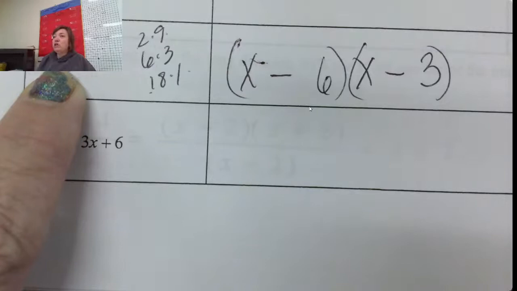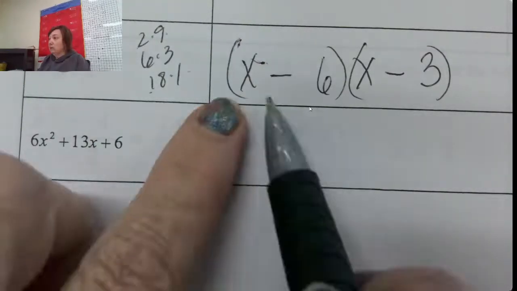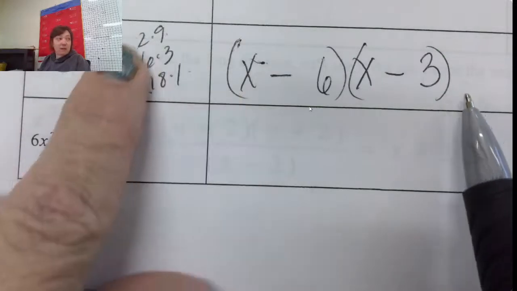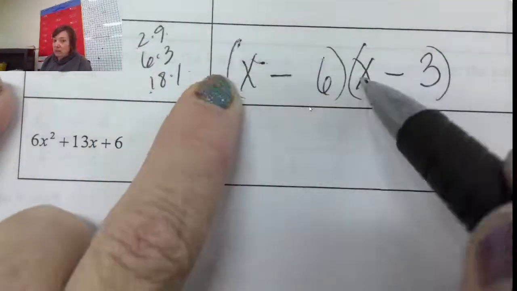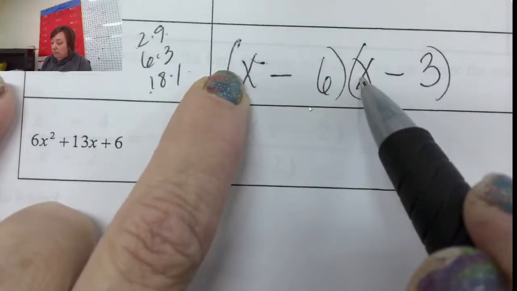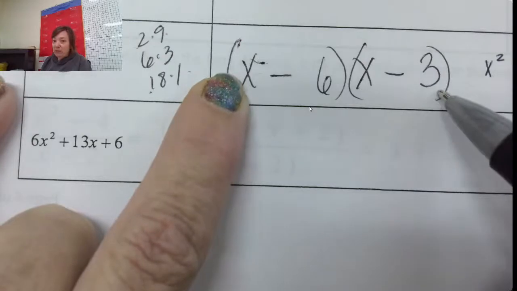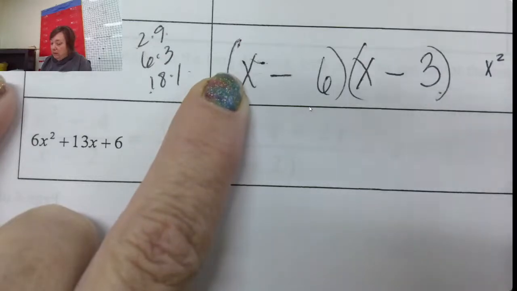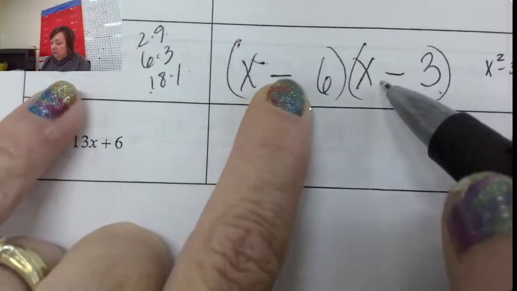Now, if you wanted to check yourself to see if you were getting this right, you could multiply this out to make sure you got this, right? So if we multiplied this out, what's x times x? Yep. What's x times negative 3? Negative 3x. What's negative 6 times x?